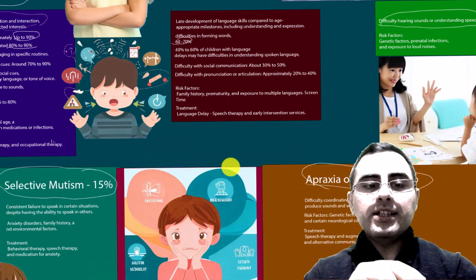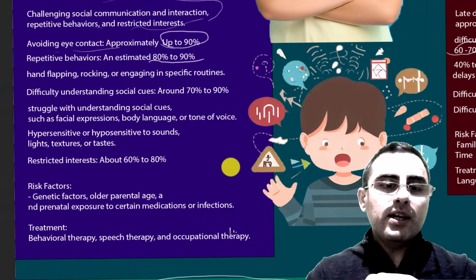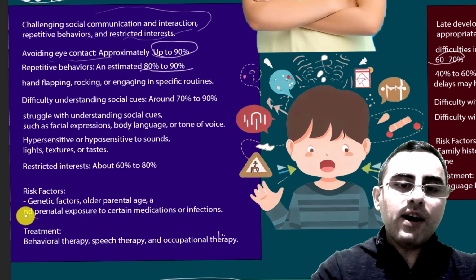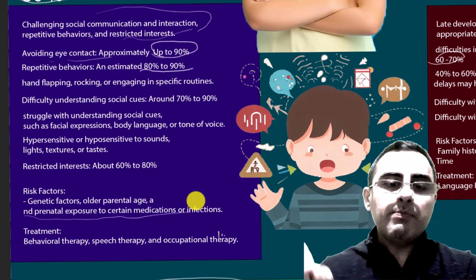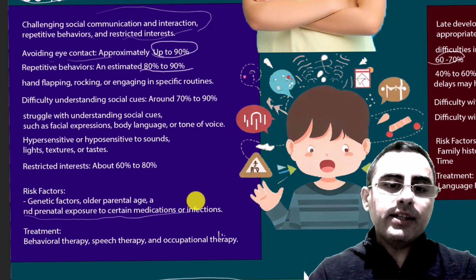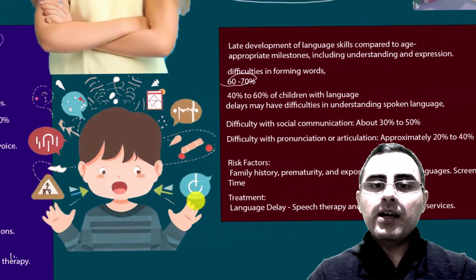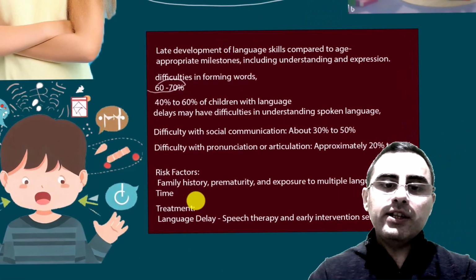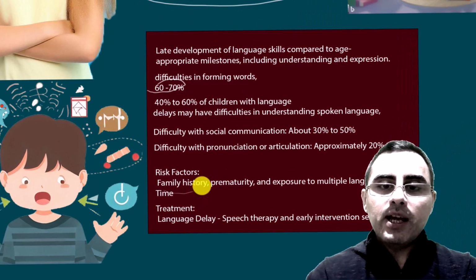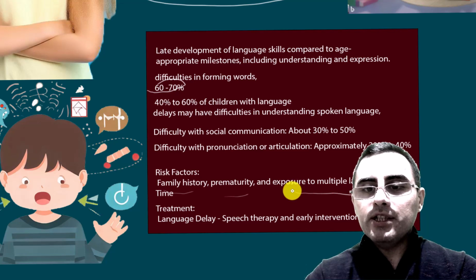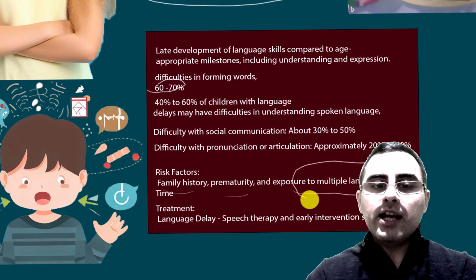Now let's discuss risk factors. Risk factors of autism spectrum disorder are genetic factors, older parents, and prenatal exposure to certain medications. Risk factors of language delay are family history, prematurity, exposure to multiple languages, and excessive screen time.